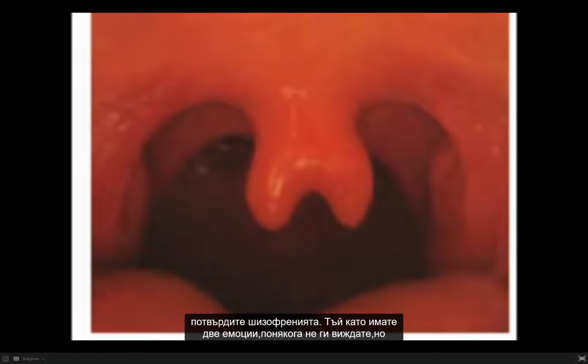If you see the shape of the uvula, you can most probably, in a lot of cases, confirm or disconfirm the schizophrenic, because you have two emotions. Sometimes you don't see it, but if you look deep enough, you see the second emotion, second character.